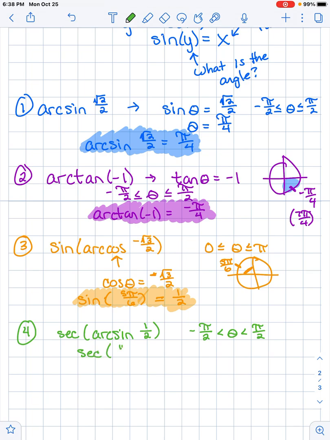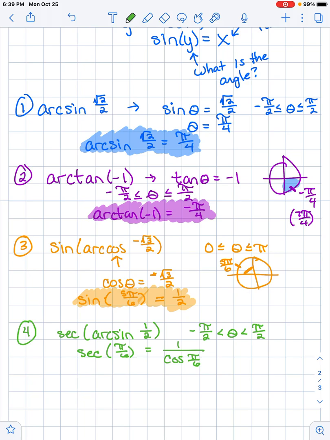So now what I'm looking for is the secant of pi over 6. I know that secant is equivalent to 1 divided by the cosine of pi over 6. So now this is where we make the reciprocal. Not if it says sine to the negative 1, but if it says secant, that is equivalent to 1 divided by the cosine of pi over 6.